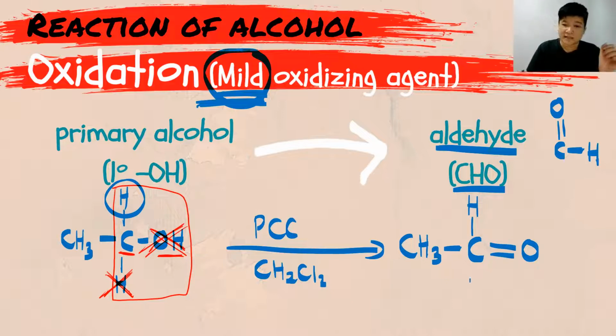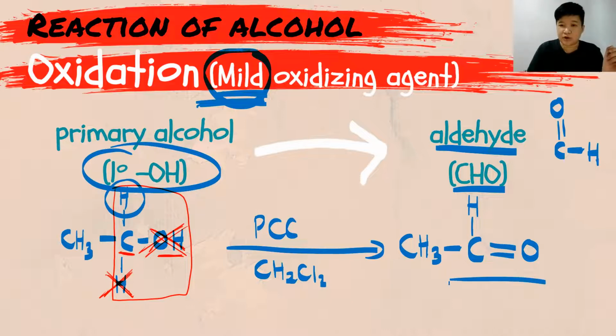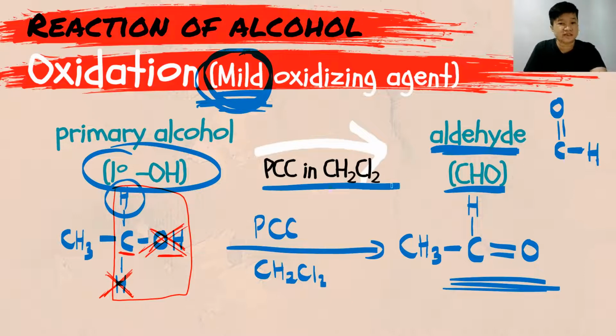And that is the reason why your primary alcohol will become your aldehyde. Make sense? And this is the main difference between your strong oxidizing agent and the mild oxidizing agent. Your primary alcohol will only give you aldehyde when you use PCC in CH2Cl2, your mild oxidizing agent.